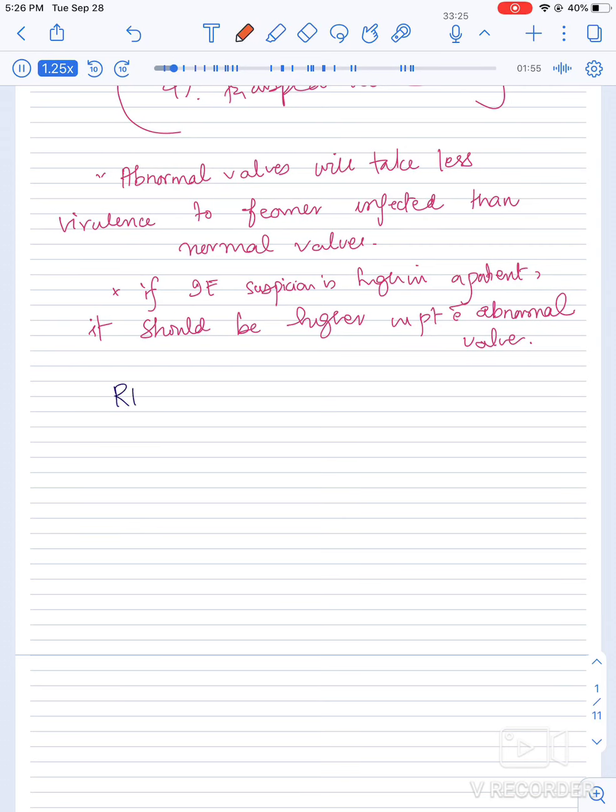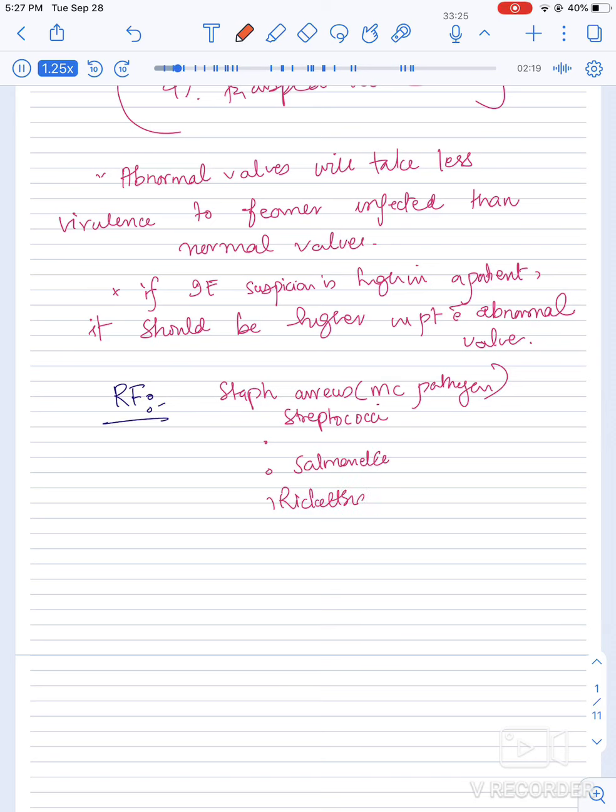So what about some classic risk factors? As far as the pathogens are concerned, Staph aureus is actually the most common pathogen. Other pathogens can include streptococci, salmonella, rickettsia, borrelia, candida.